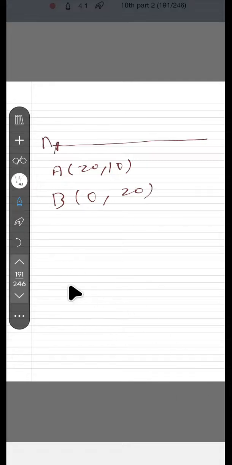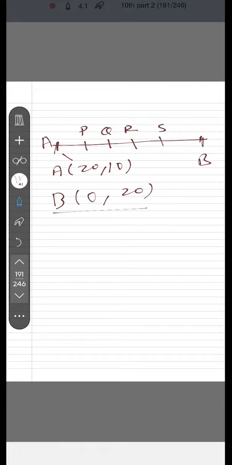This is A, this is B. It is divided into how many parts? 5 equal parts: 1, 2, 3, 4 and 5 parts. Then we have to find out. If it is divided into equal parts, I can take this point as P, then this is Q, then this is R, and this one is S.